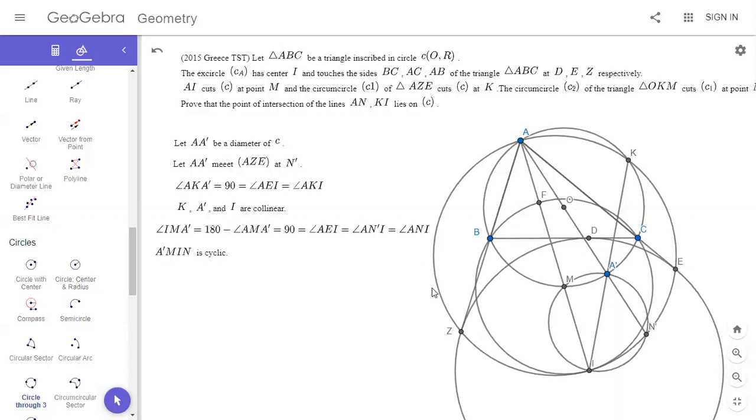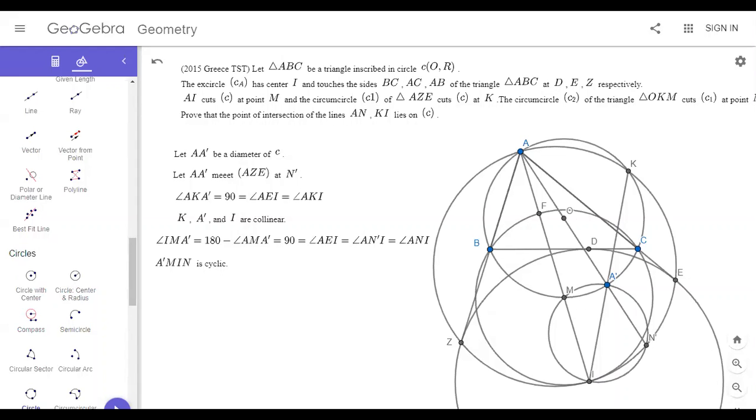So we have angle M, N prime, A prime. I'm going to copy sort of what was said in the chat. So MNO is equal to MN.